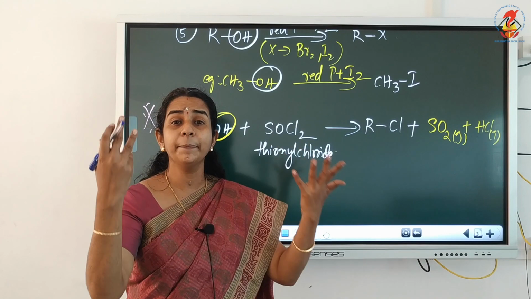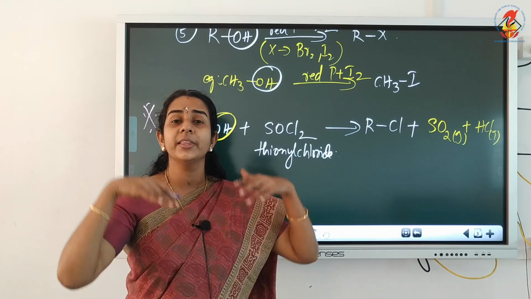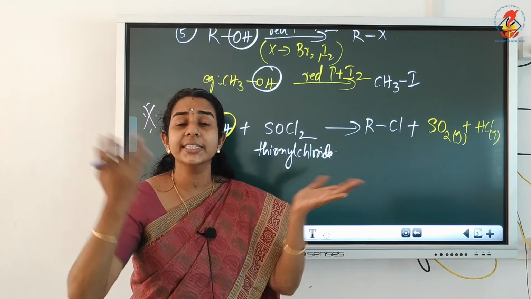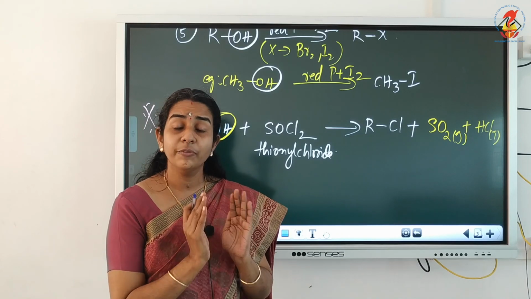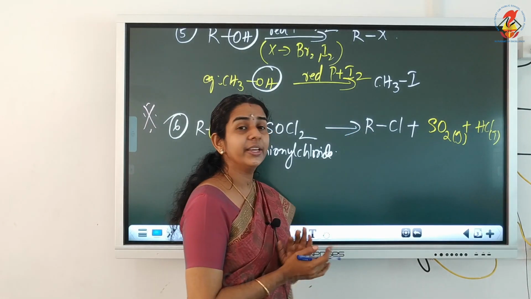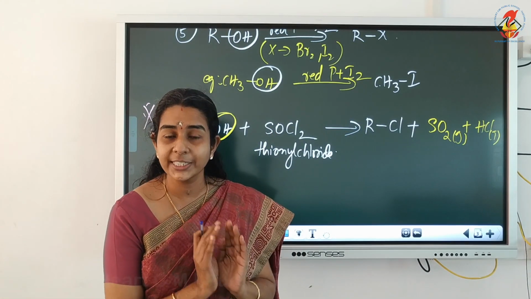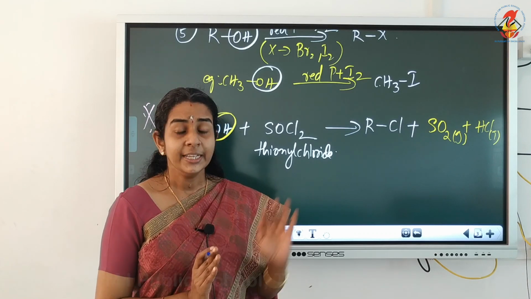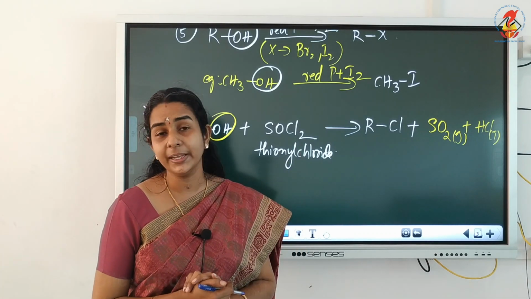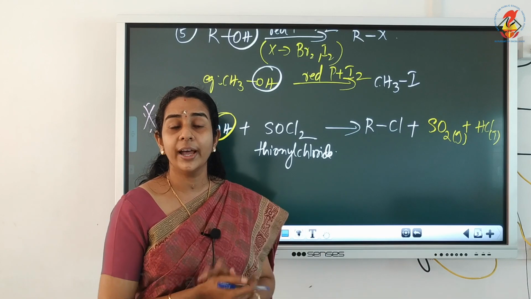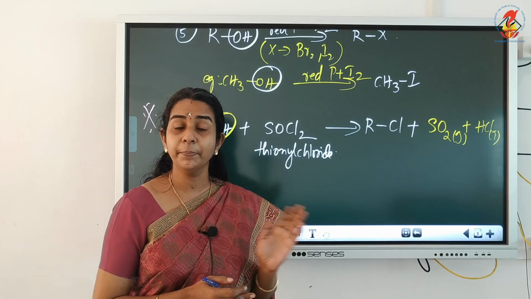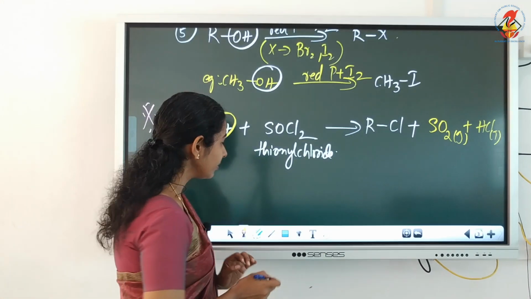They are escapable gases. As soon as they form, being gases, they will escape out. So whatever alkyl chloride we are getting will be in the pure state. So the reason is, since the byproducts are escapable gases, we get pure alkyl chlorides. Very important, give reason question.